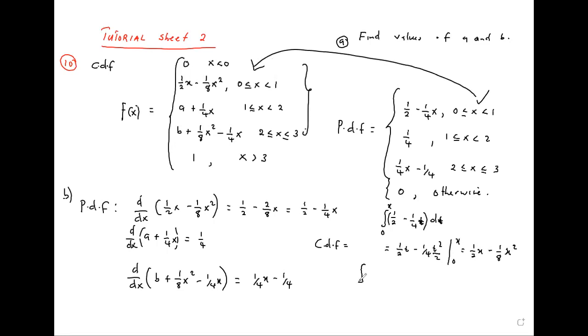Then the second one, remember, you add. So you add F1 plus the integral from 1 to x of 1/4 dt. So that we get half x minus 1/8 x squared plus the integral here, 1/4 t from 1 to x.